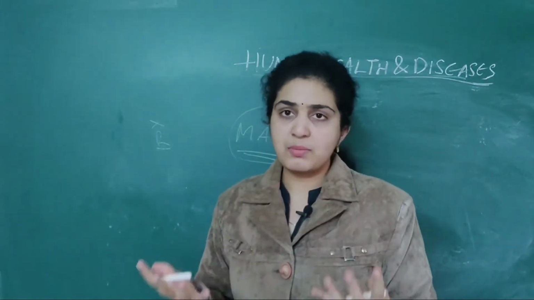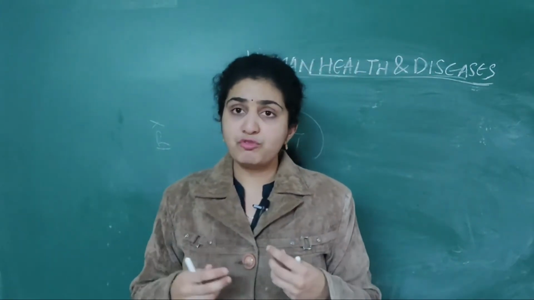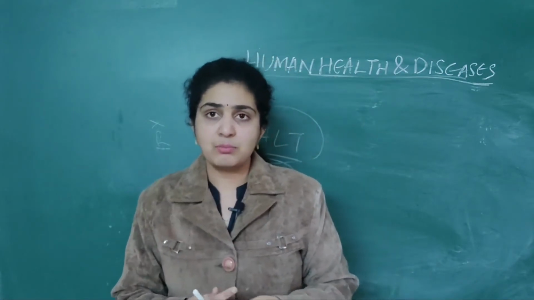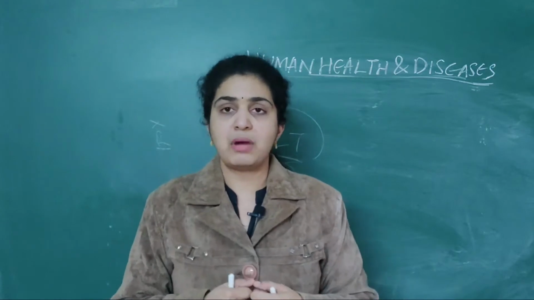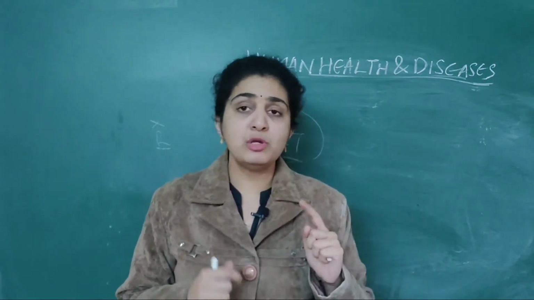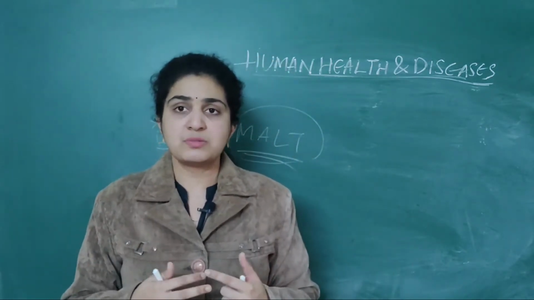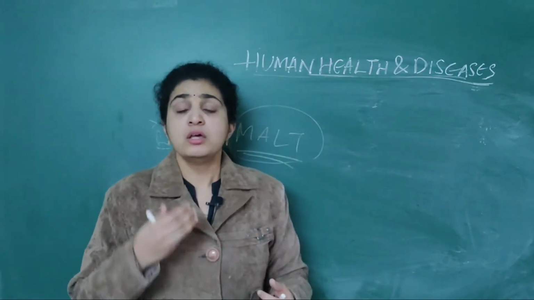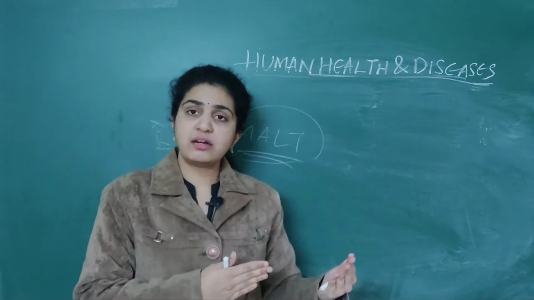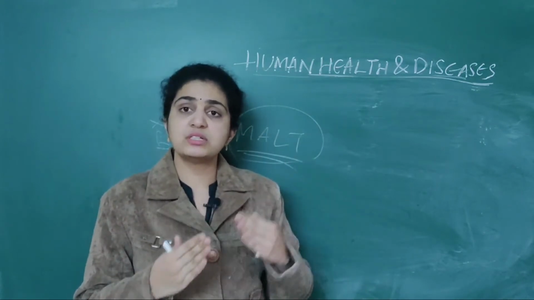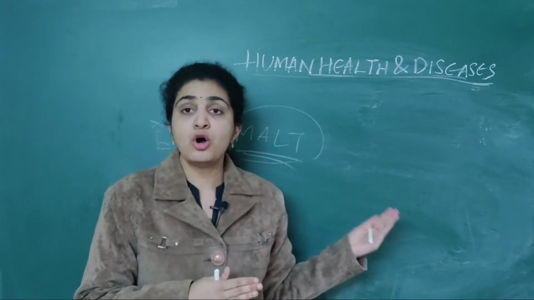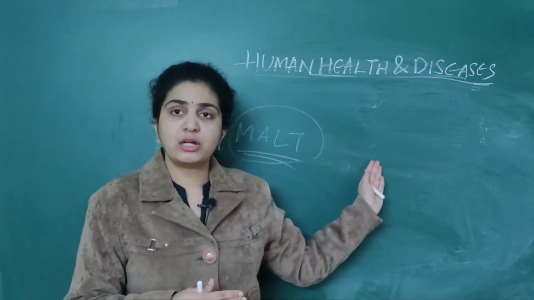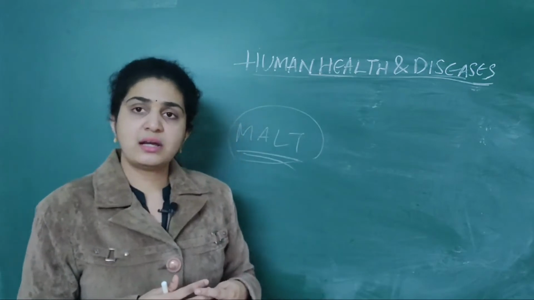Lymph nodes are present everywhere, and like that, lymphoid tissue also plays an important role in trapping microorganisms. The mucosal lining of the respiratory and digestive tract alone can't play this role. That's why it is associated with lymphoid tissue, also called MALT.